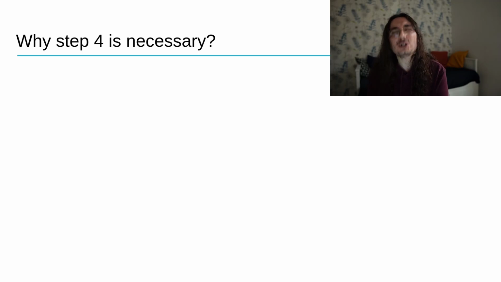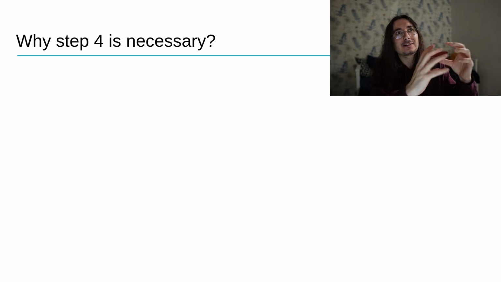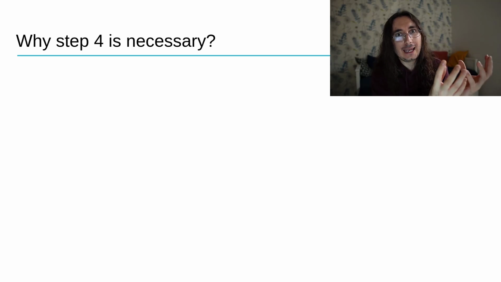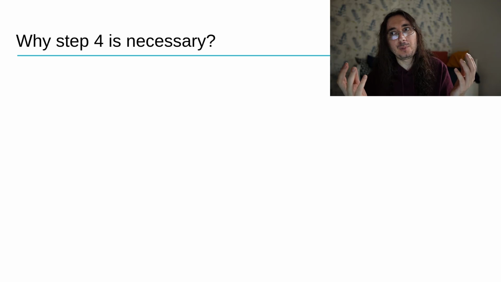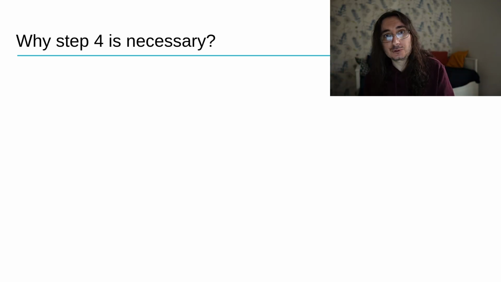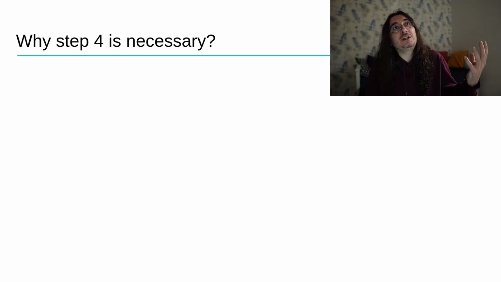Now, the question you may have, I'm quite sure, is, but why do we need step 4? In other words, why do we need to get the attention scores and multiply them by the value matrix? Couldn't we just use the attention scores directly?